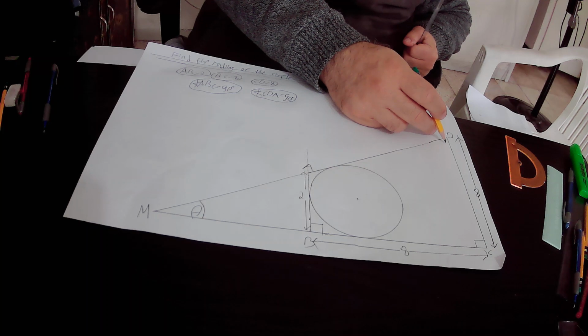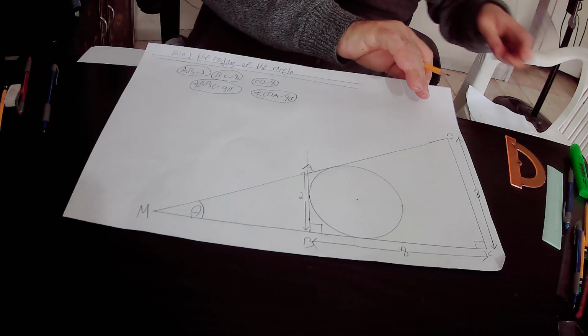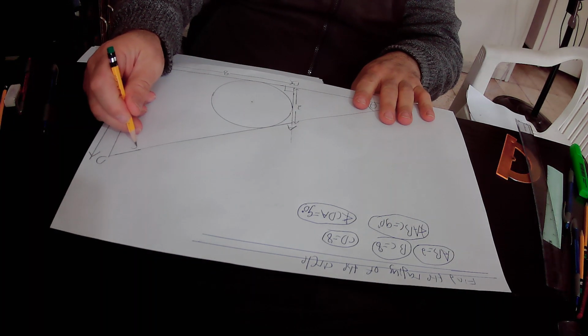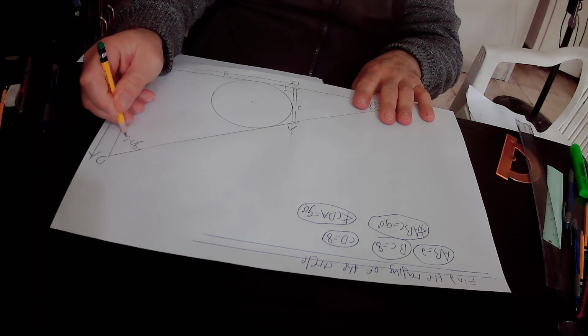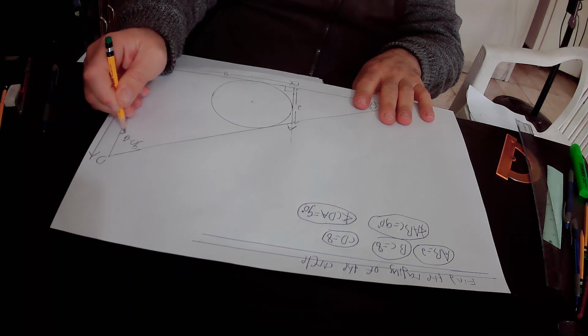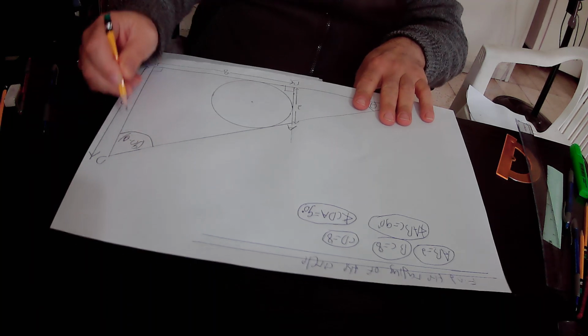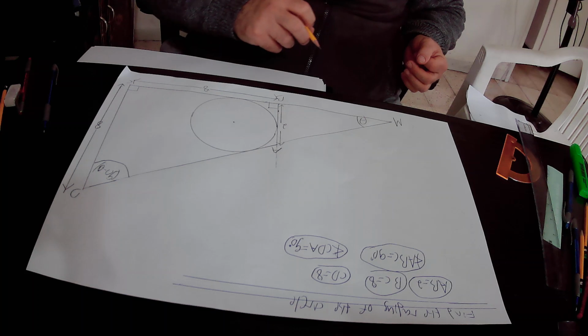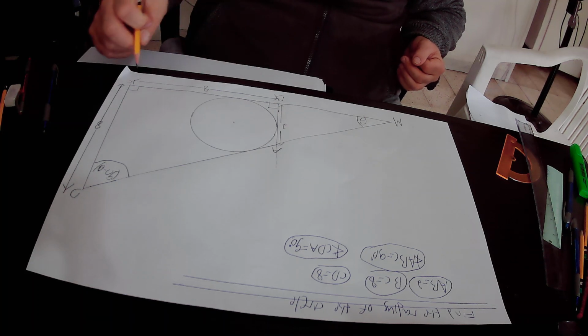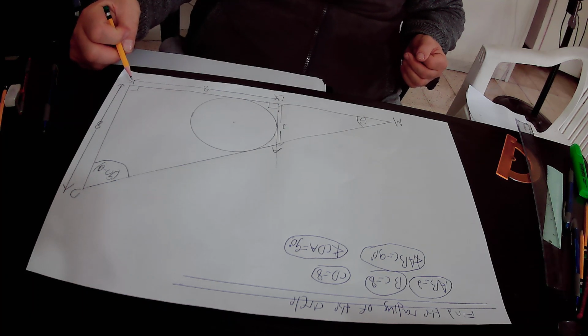Therefore, the missing angle here must be equal to 90 degrees minus theta. Why? Because 90 degrees minus theta plus theta is 90 degrees, and 90 degrees plus 90 degrees equals 180 degrees. That is the sum of the angles in any triangle.